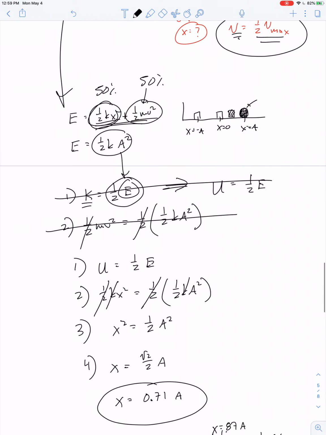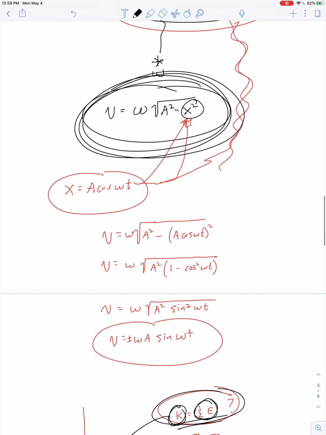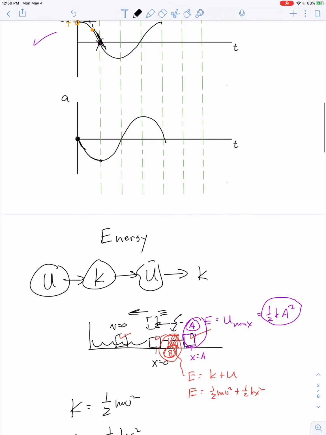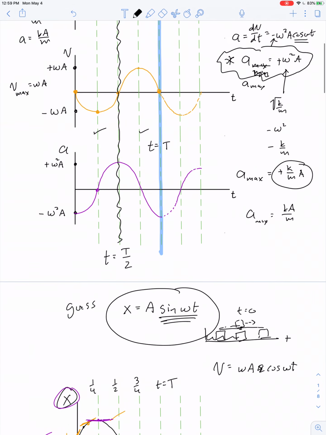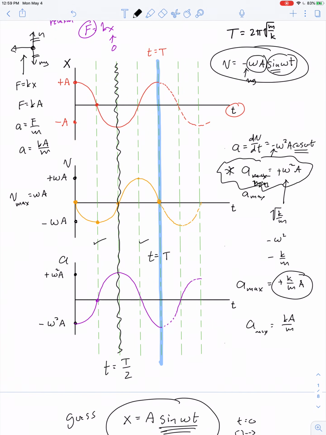We can see that on these graphs of velocity versus time that we made earlier. Notice the velocity starts out at 0, and in this region the slope of the graph is not all that dramatic. The graph has its greatest slope in the first few moments in time, and so 13% of the way back to equilibrium, which is a quarter of a cycle, that's when most of the acceleration takes place.